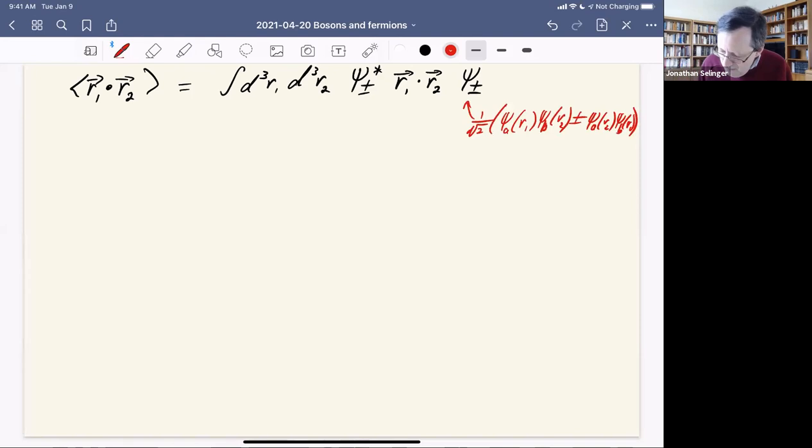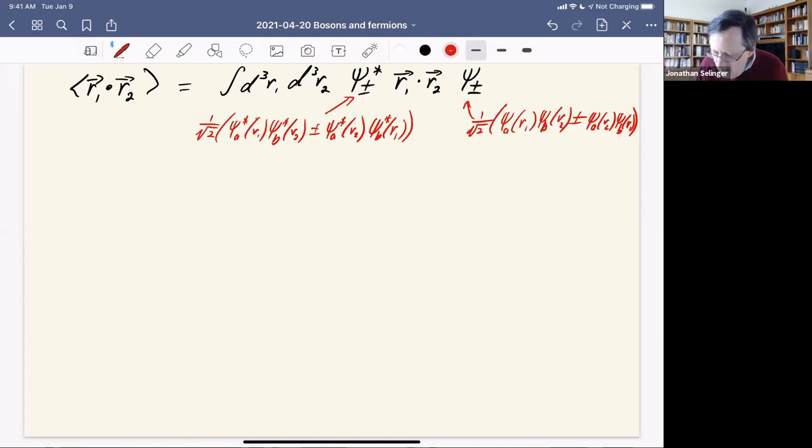And the same thing for the complex conjugate over here: psi A star of R1, psi B star of R2, plus or minus psi A star of R2, psi B star of R1. So once again, we have 4 terms we have to figure out, because it's 2 here times 2 here. So let's do it.